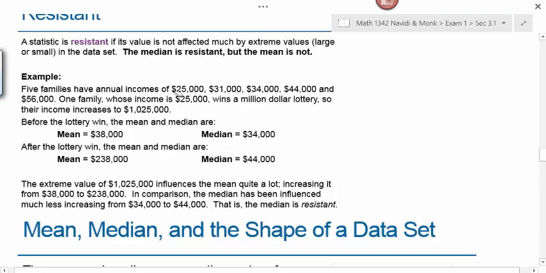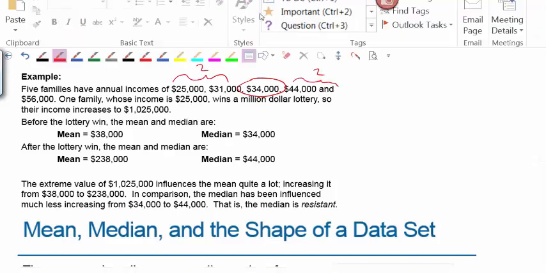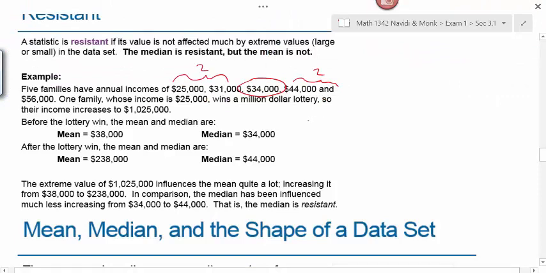These are, if you notice, listed in order from smallest to largest, right? The middle value here is the $34,000 because we have 2 to the left and 2 data values to the right. Once they win the lottery, we then rewrite or rearrange our data so that we have 31,000 for the lowest one, followed by 34,000, 44,000, 56,000, and then we have our million, which is 1,025,000.